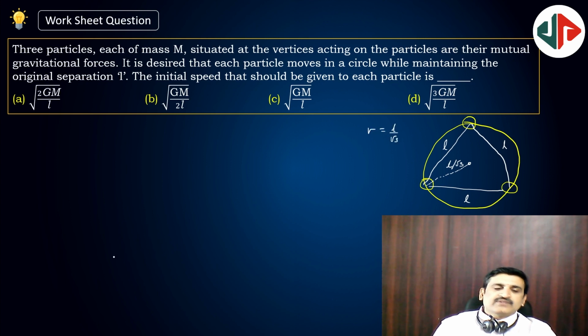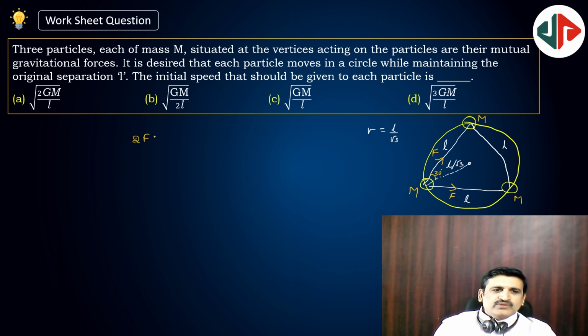This is needed. Next, the gravitational force between two masses is this way. This mass is attracted by these two, M getting attracted, and this M also getting attracted. So this is 30 degrees. So one force F, one of the components is F cos 30, this one also F cos 30.